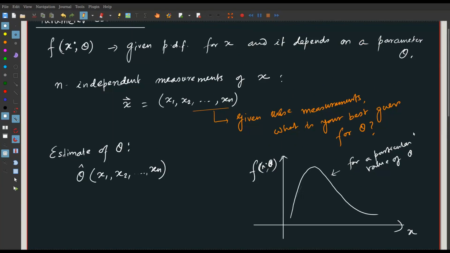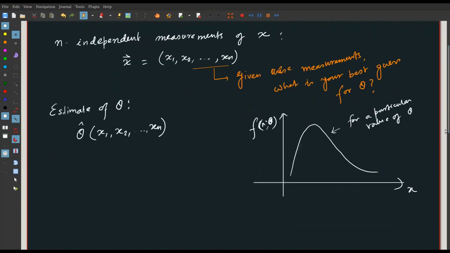So now the estimate of this theta, which I will call theta hat, would be said to be consistent, and this is how it is expressed here.